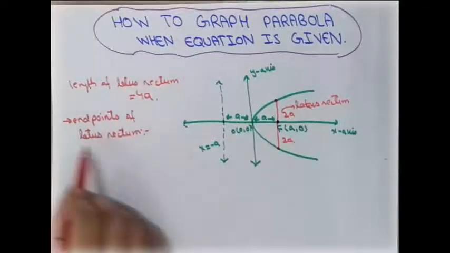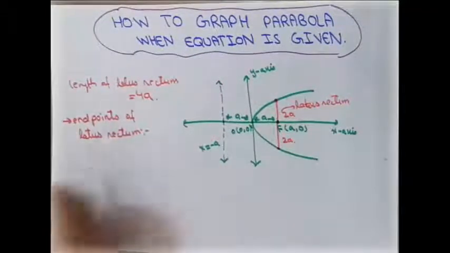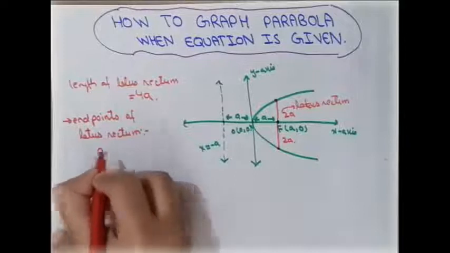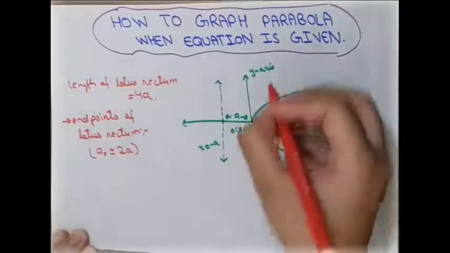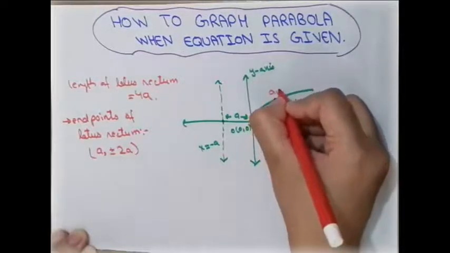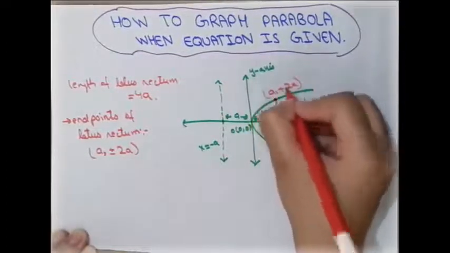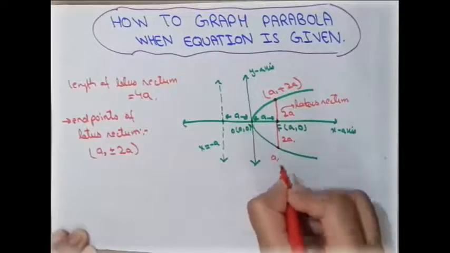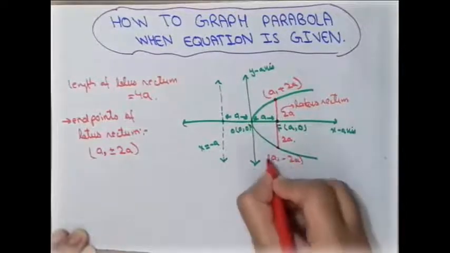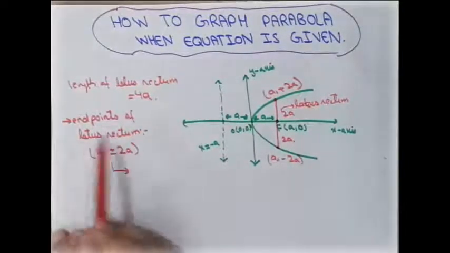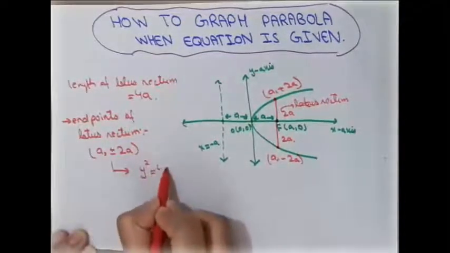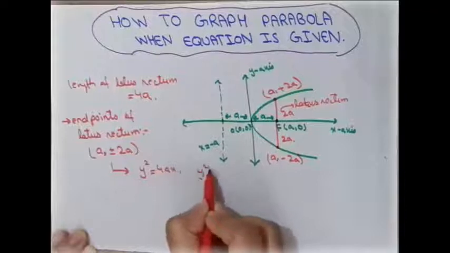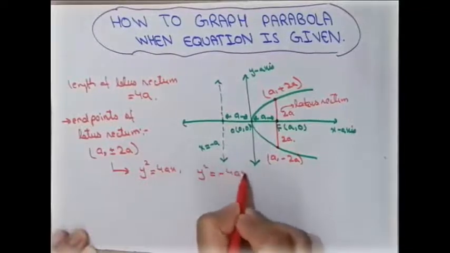So the endpoints of the latus rectum are (a, ±2a), which are these 2 points: one is (a, 2a) and the second is (a, -2a). These are the endpoints of the latus rectum if the equation of the parabola is y square equals 4ax or y square equals minus 4ax.